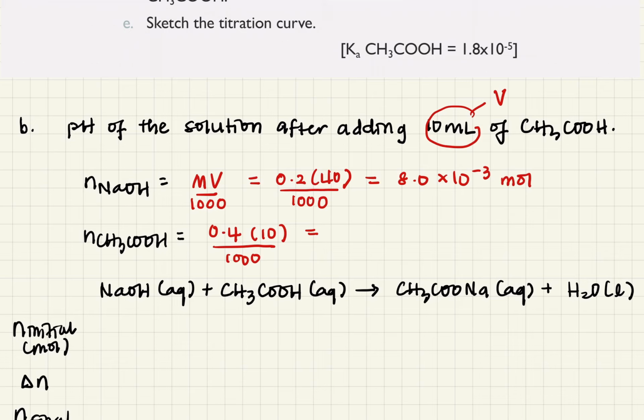You will get 4.0 times 10 minus 3 moles of acetic acid.